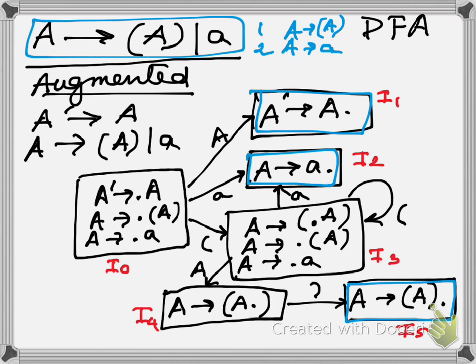Now we start with state I0. In state I0, we have to see what the transitions are, what is the label of the transition, and where does it go. If you take the first transition, the label is A, that is, a non-terminal symbol, and it goes to state I1.